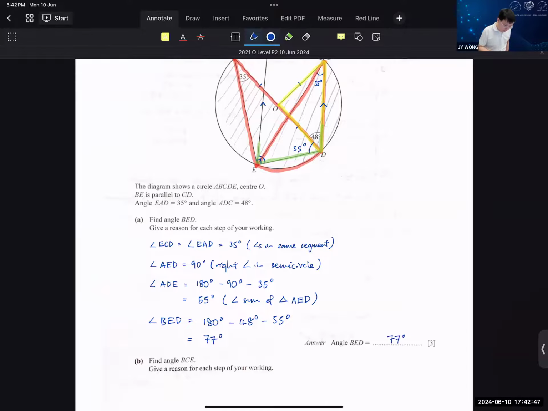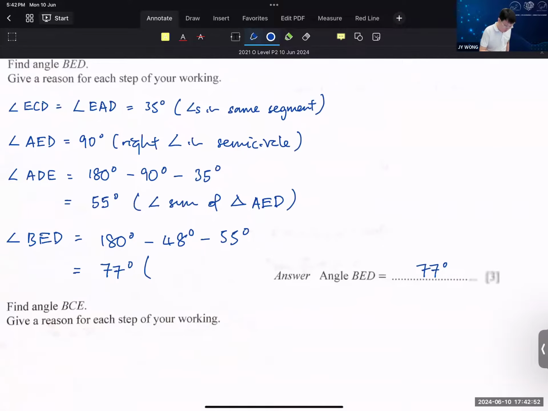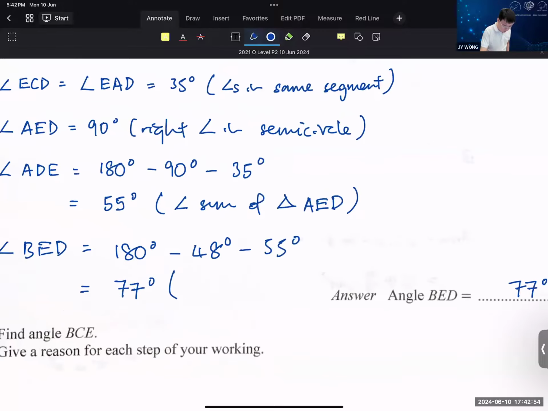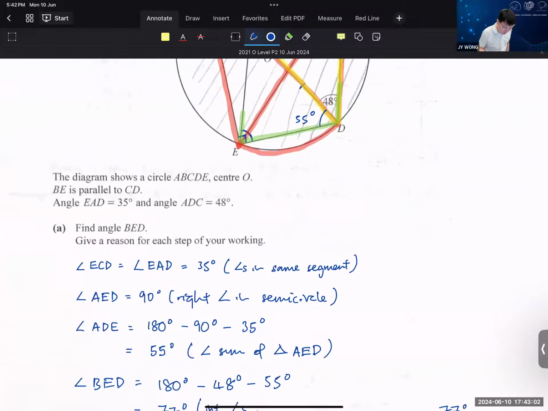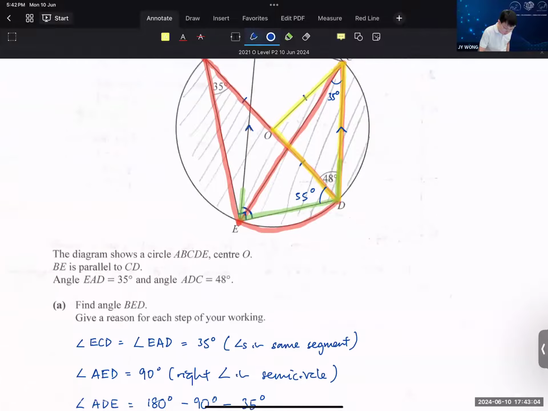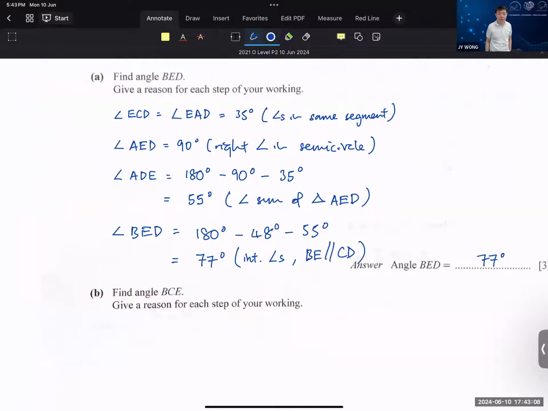Again, make sure you write your reason. This is parallel sides, right? So interior angles, and then state which pair of parallel lines. In this case, BE parallel to CD. Very important. Okay?